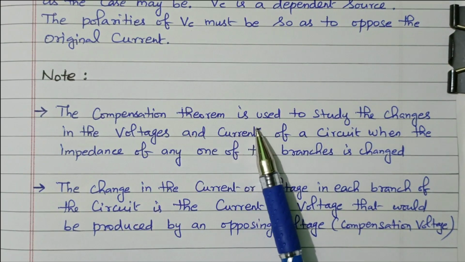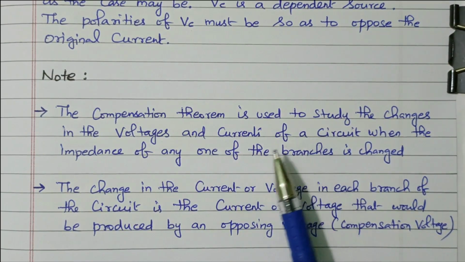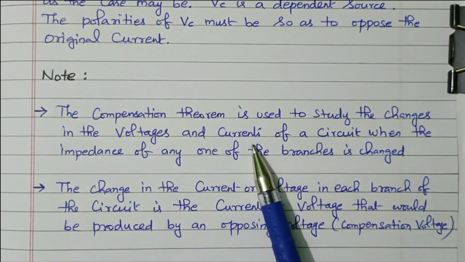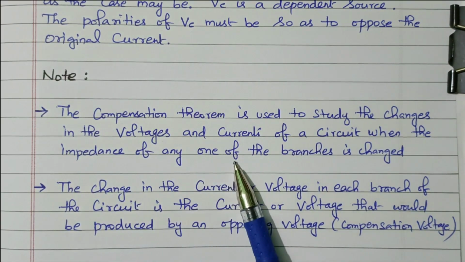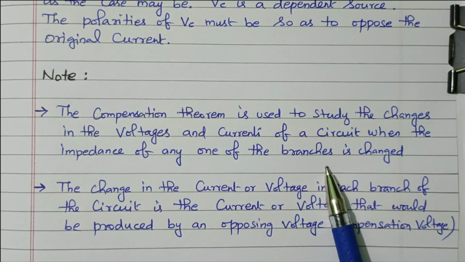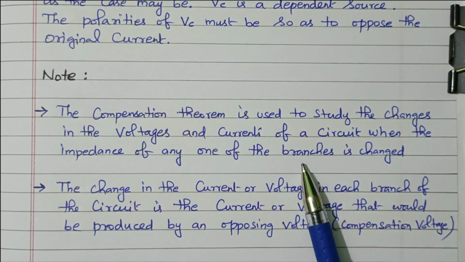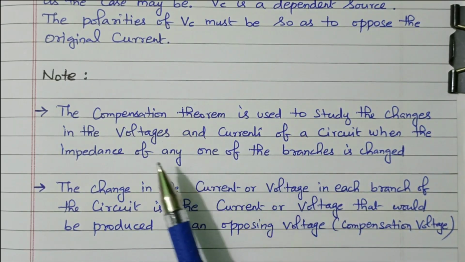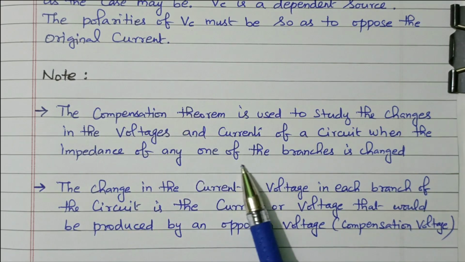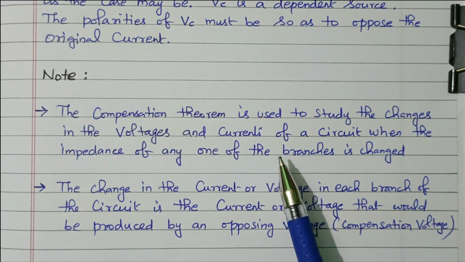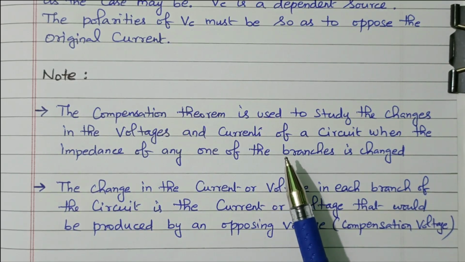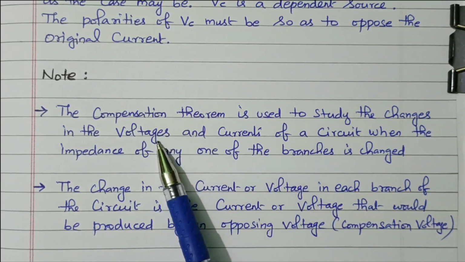The compensation theorem is used to study the changes in the voltage and current of a circuit when the impedance of any one of the branches is changed, right? So the compensation theorem is mainly used for changes in voltage while changing the impedance. When the resistor is increased from R to R plus dr, what are the changes in the voltage?